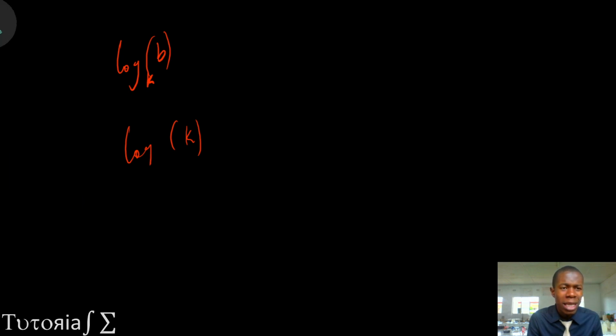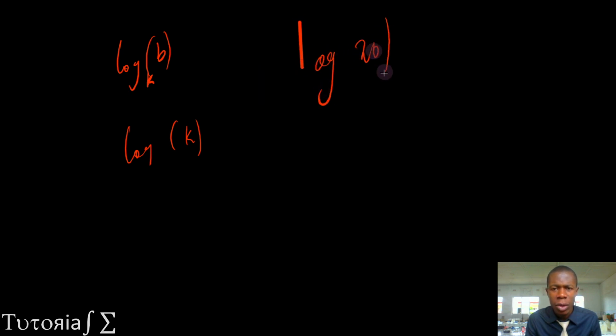For instance, log of 20. If there is no number there, then it is base 10, and you can calculate it directly on your calculator. Now, if you have, let's say, log of 20 to base 5, this is different, you cannot calculate it directly on your calculator.